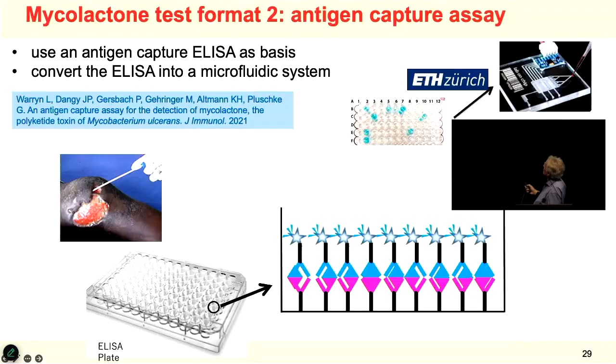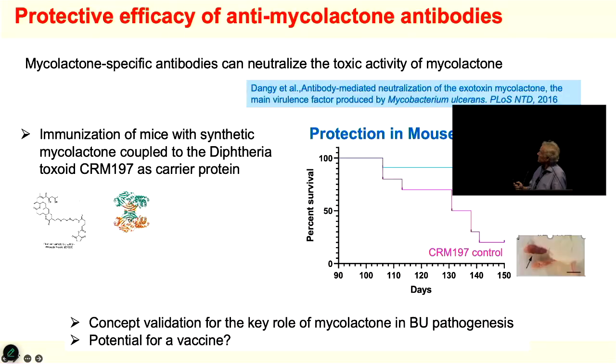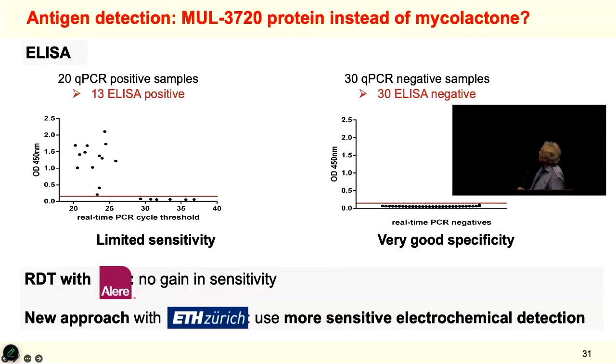What we are trying now, together with colleagues at ETH Zurich, is to convert this ELISA format not into a lateral flow assay, but into a microfluidic assay, where you don't have these membranes which may capture mycolactone unspecifically. There is still one other option, and Katherine Röttgen presented these data before.